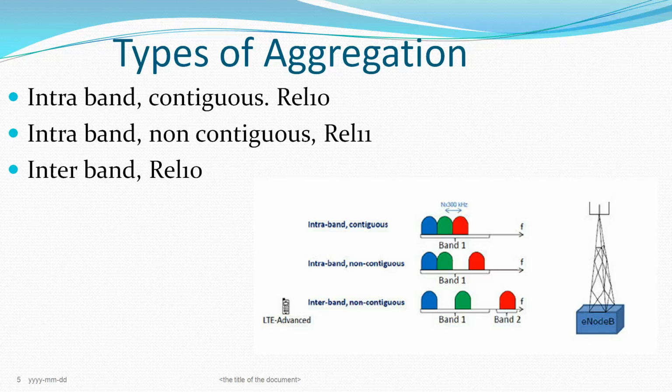So this one is a more normal use case scenario. And the third one is inter-band contiguous aggregation, realized in release 10 of 3GPP. This means that you aggregate component carriers from different 3GPP frequency bands.